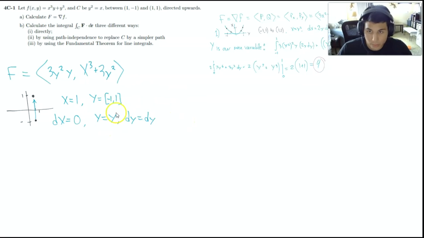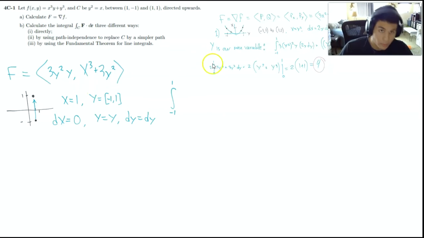Okay, so if we let those be true, I mean, not if we let it be true, it is true. Let me make a bigger integral. Okay, and what is y varying from? Well, negative 1 to 1.